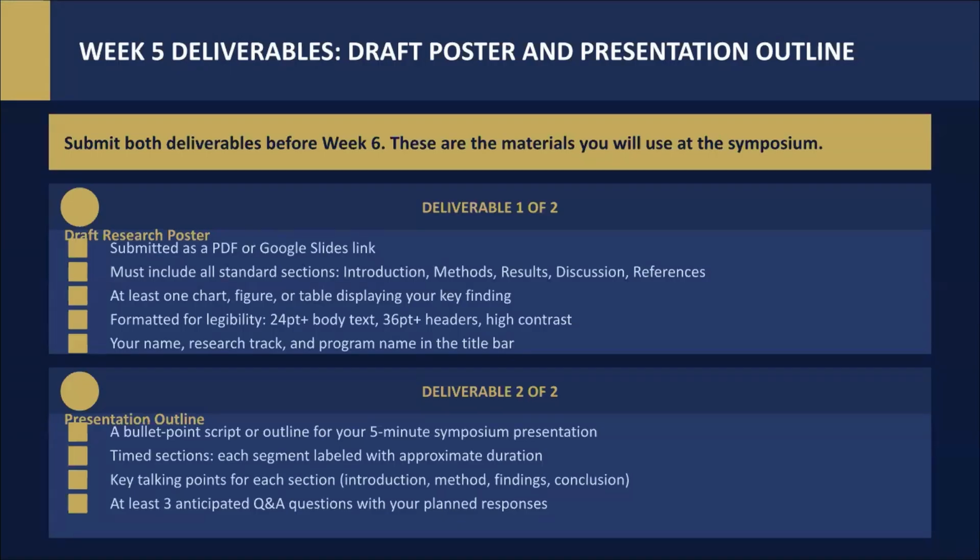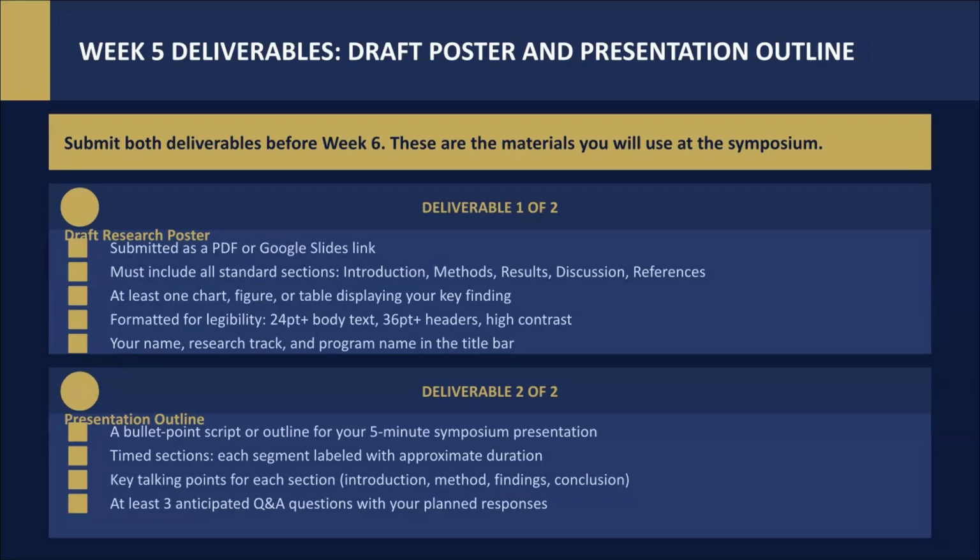It should include all the standard sections like introduction, methods, results, discussion, and references, but in point form, of course. It will have at least one chart, figure, or table displaying the key finding. It'll be formatted for legibility, and include the name, research track, and program name in the title bar.